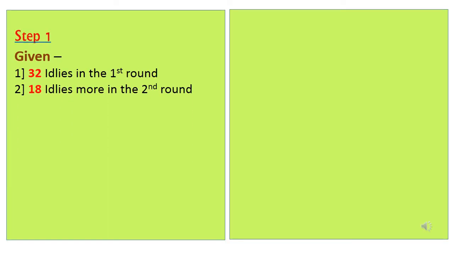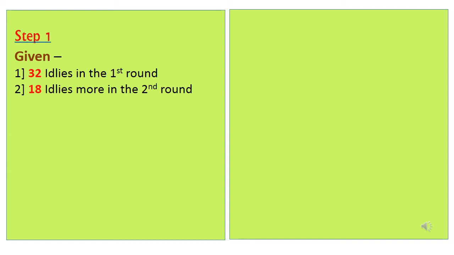We will solve the word problems in 5 simple steps to avoid mistakes. Step 1 is given. Here we will write the information given in the problem in short. First point. Mother made 32 idlis in the first round. Second point.